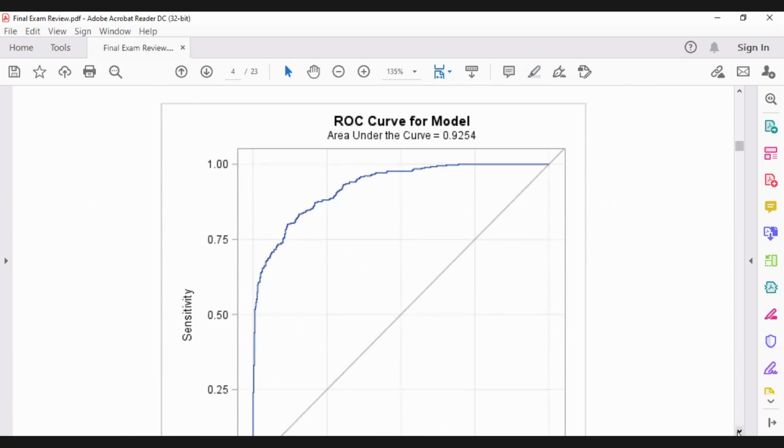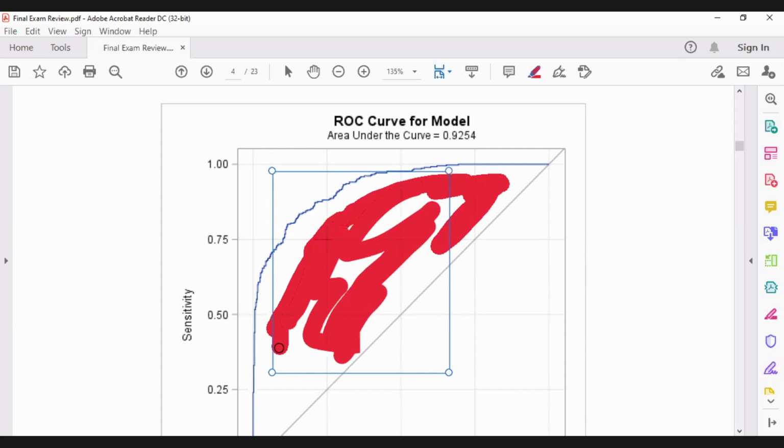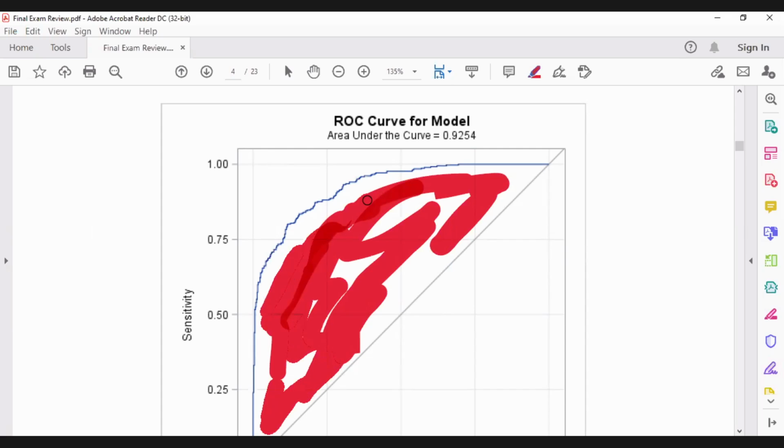For this model, we got a ROC curve. This is the area under the ROC curve.